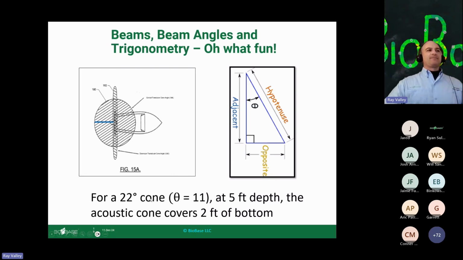There's the 3-in-1 transducers. They have a 22-degree cone, and so your half beam angle is 11. So at 5-foot depth, the acoustic cone covers approximately 2 feet of the bottom, and that's going to change as you get deeper. And here's just an example of that schematic from the top down.